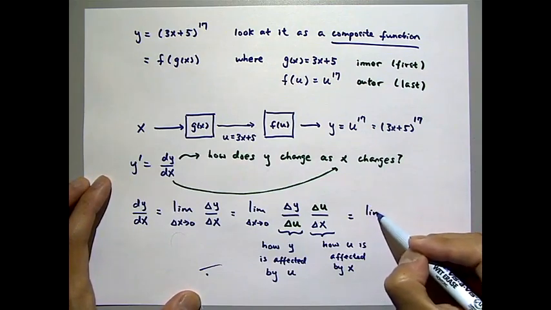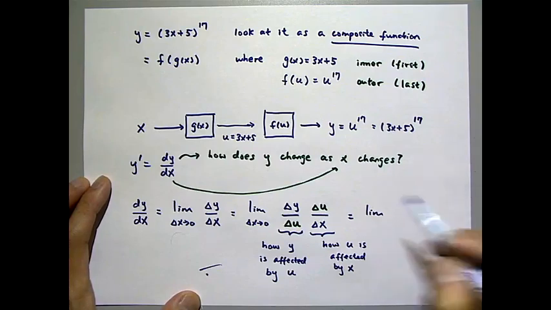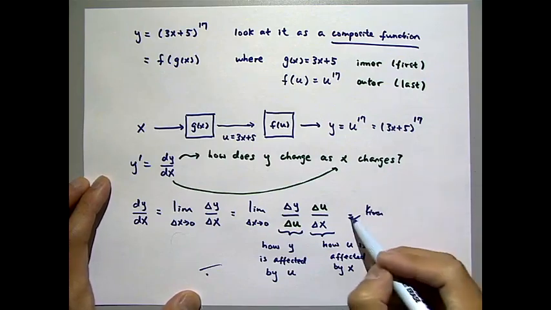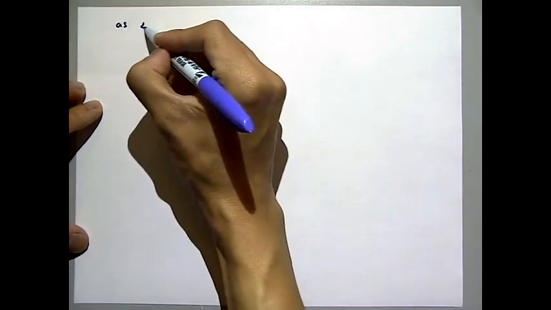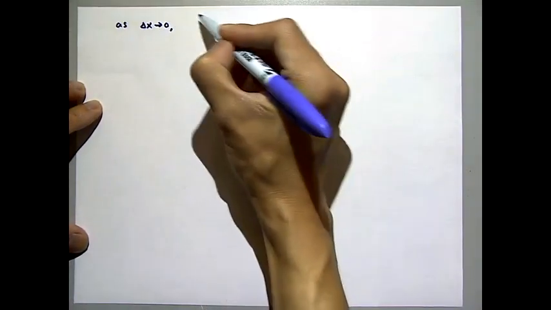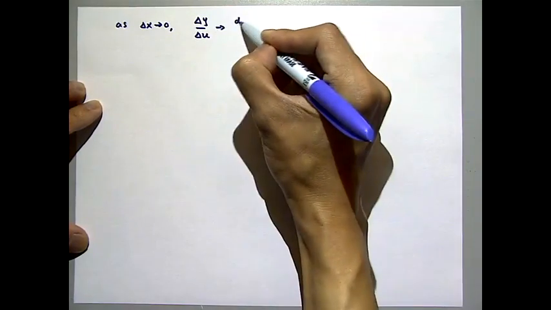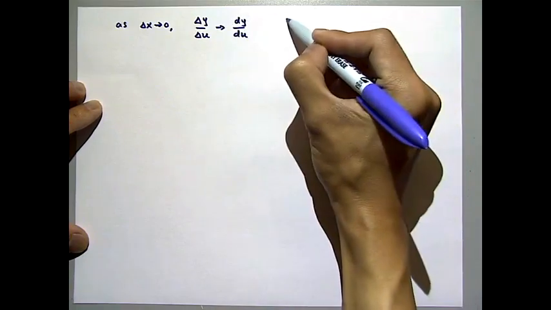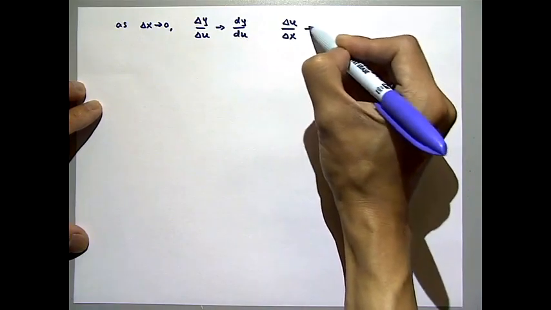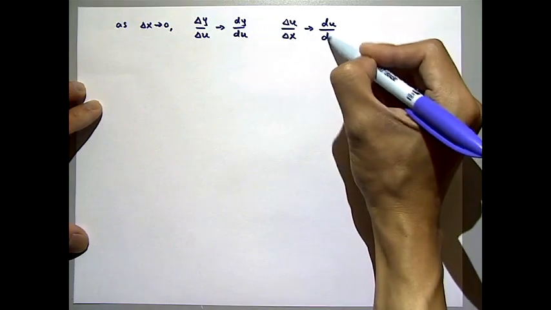Okay, so what this ends up being is, I'll write this on the next page. As delta x goes to 0, delta y over delta u turns into dy du, and delta u over delta x turns into du dx.